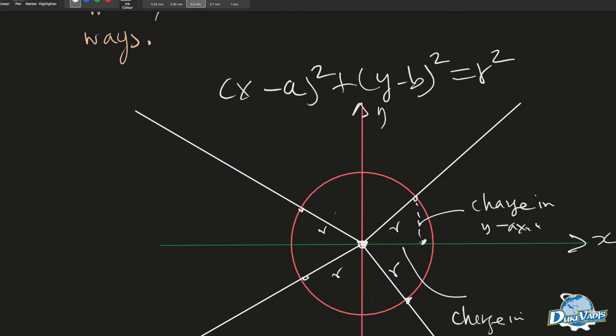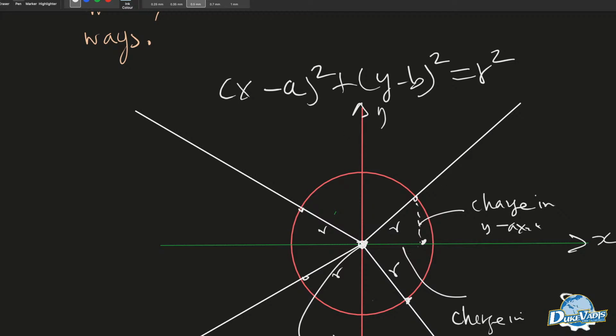Friends, knowing this point here, let's call it C, to be (a, b), then here being our x-axis, that means from here to here.